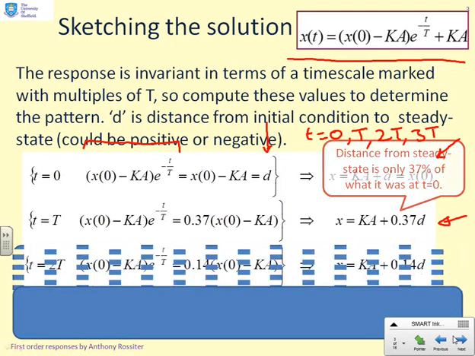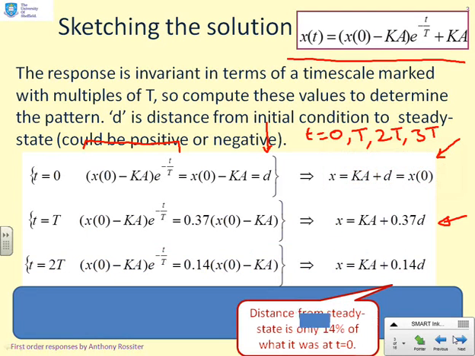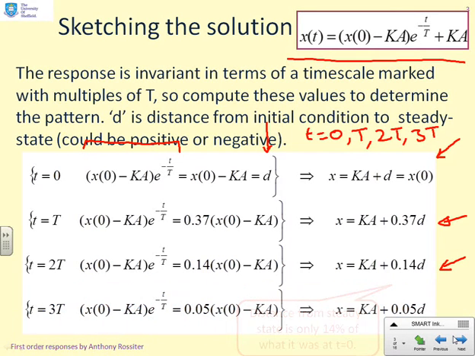Now I can follow the same logic if I go to time equals 2T, and you'll see the expressions derived here. What you get down here on the right is that after 2T seconds I'm now 14% away from the steady state, so x of 2T is KA plus 0.14d. And finally, I can look at 3T, and here you'll see I'm down to x equals KA plus 0.05d.